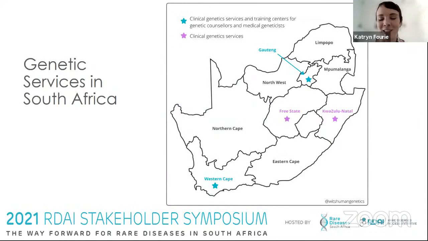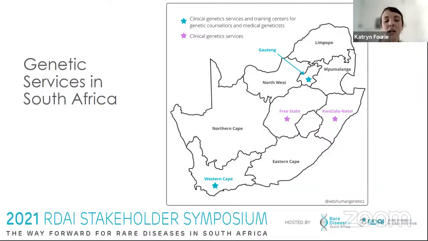This is a very similar slide to what Prof. Musa had before, which I love, because you can see that even though we are from completely different teams and provinces, this is an issue for everyone in clinical genetics: our genetic services are so limited. We don't have them available in all of the provinces. And even where they are available, as Kelly mentioned, one medical geneticist for the entirety of KwaZulu-Natal is a big problem.